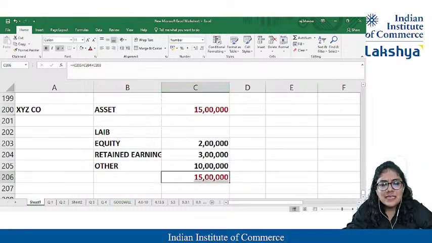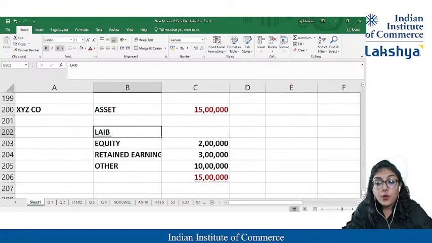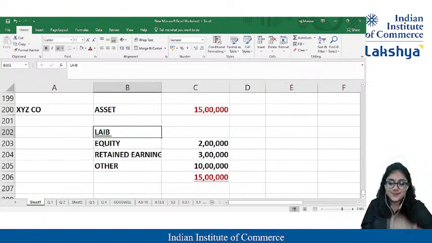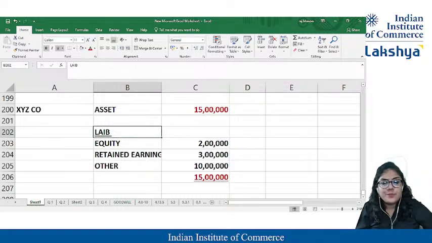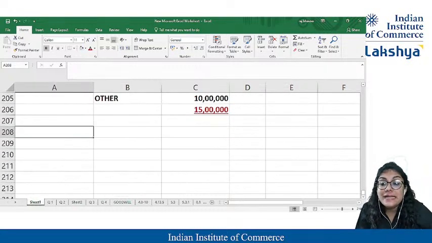Now, can you tell me what will be the net assets? Net assets are total assets minus outside liabilities. That is the equity portion. So what are the things which are included in the equity portion?